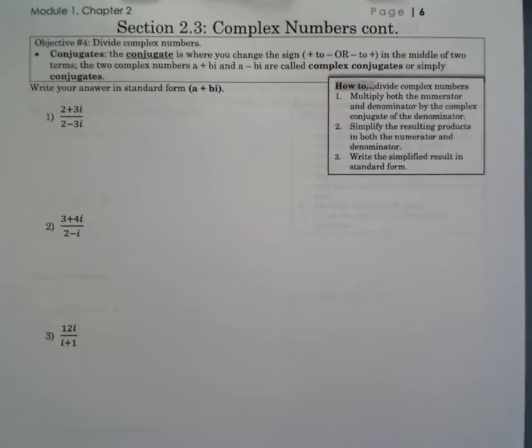Now, one thing that we want to talk about is when we have fractions, we don't really want to leave imaginary numbers in the denominator of a fraction. So we try to resolve that, and one of the ways we do it is by using complex conjugates.